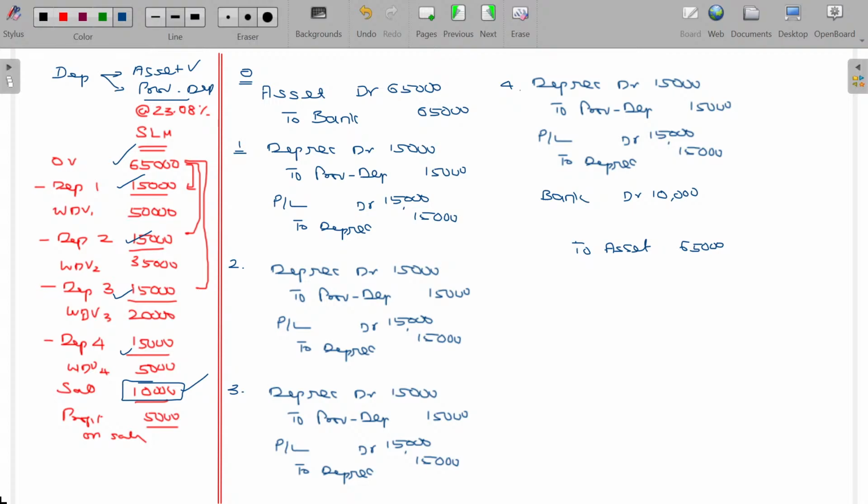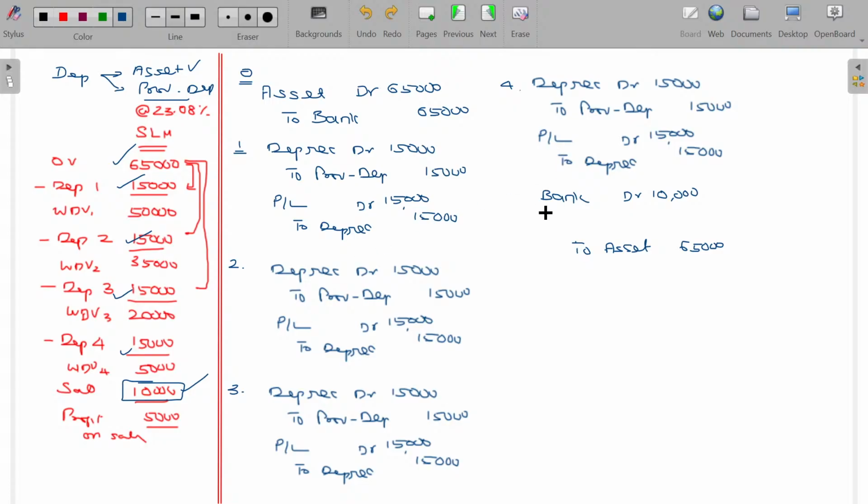So on sale of that asset, if you are having the provision model, asset will be always credited with its own original value, and then the accumulated depreciation available in the provision for depreciation in the credit side. 15, 15, 15, 15. So the provision for depreciation will have around 4 into 15, means 60,000 rupees accumulated depreciation on the particular asset.